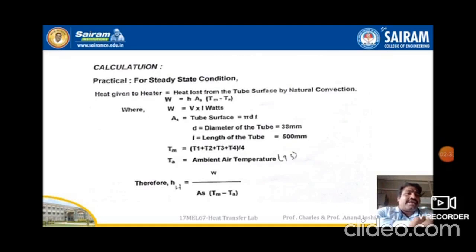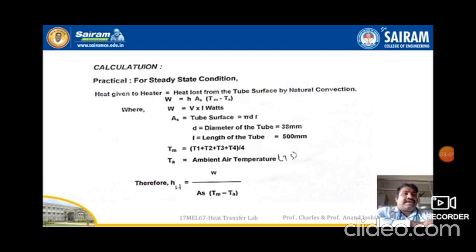To calculate the practical case, for steady state condition you have to use this formula: heat given to the heater equals heat loss from the tube surface by natural convection. By the energy balance equation, Q equals, in this case W, W equals h As delta T, that is h As (Tm minus Ta), where W equals V into I, voltage and current, that is the heat input.